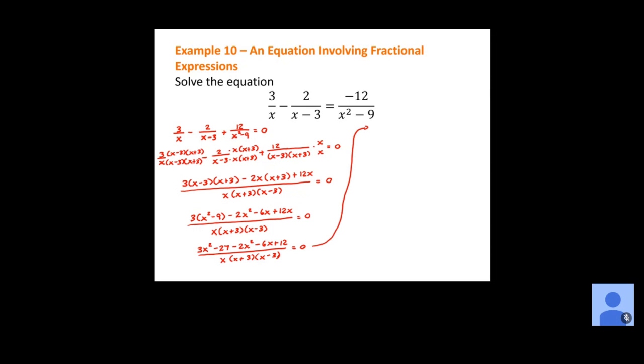We'll have a 3x squared and a negative 2x squared, so that's going to give us an x squared. We have a negative 6x that doesn't combine with anything else, so I'm going to get a minus 6x. And then we have a negative 27 and a plus 12. It's actually going to give us a negative 15 over x times x plus 3 times x minus 3.